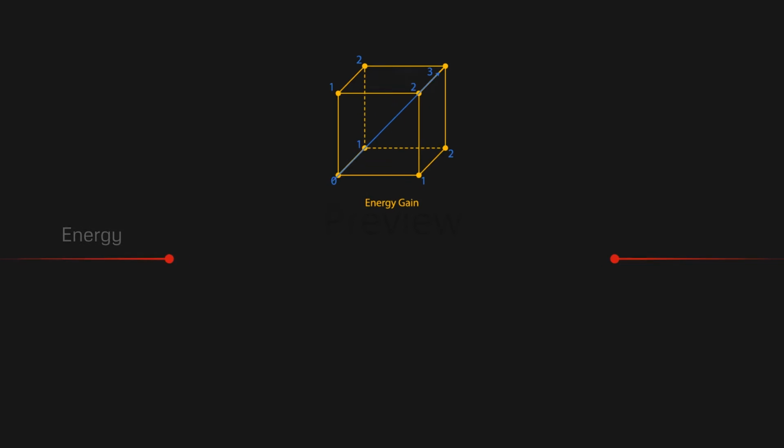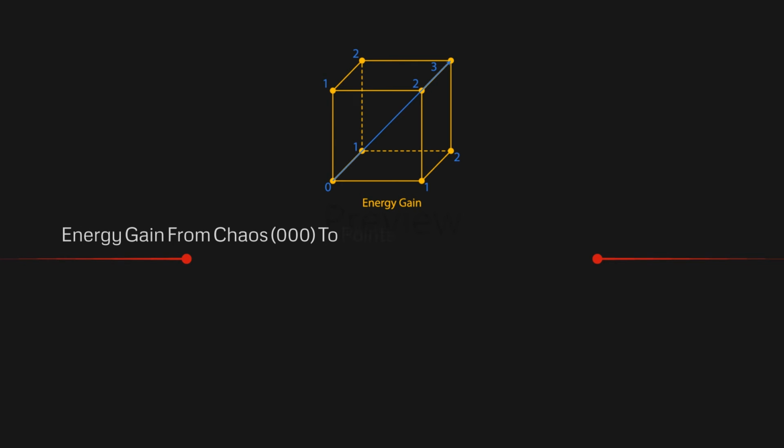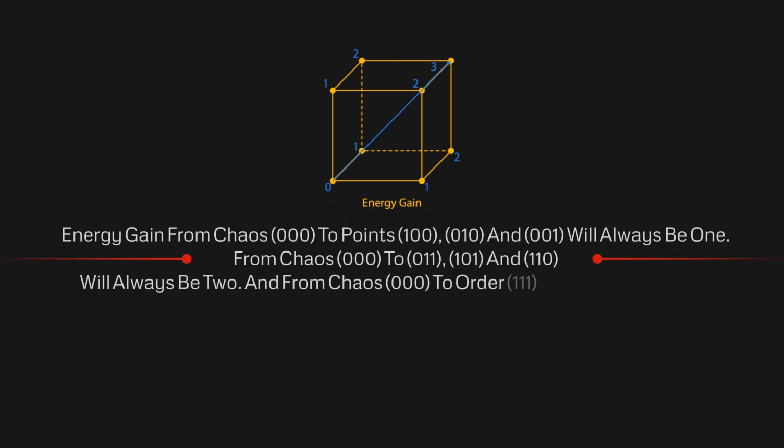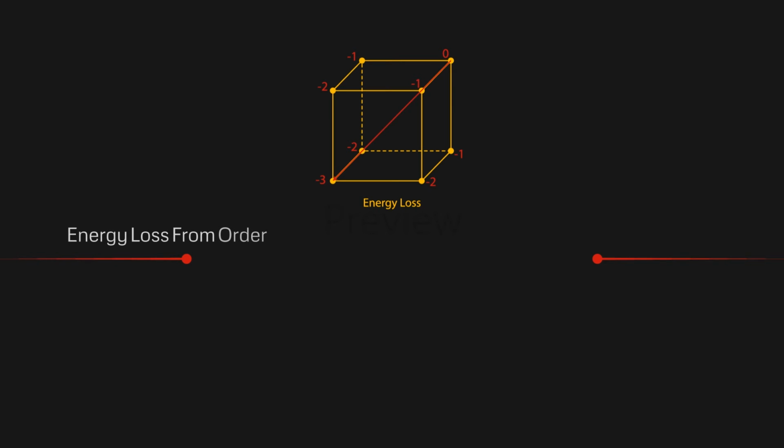Energy cube. Energy gained from chaos to points 100, 010, and 001 will always be 1. From chaos to 011, 101, and 110 will always be 2. And from chaos to order will always be 3. Energy lost from order to 011, 101, and 110 will always be -1.